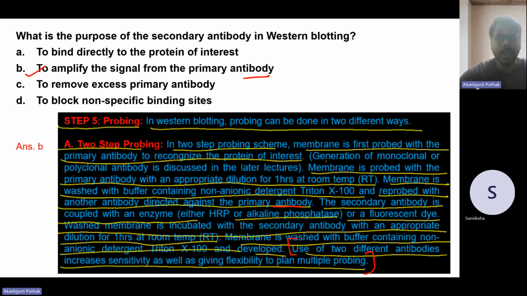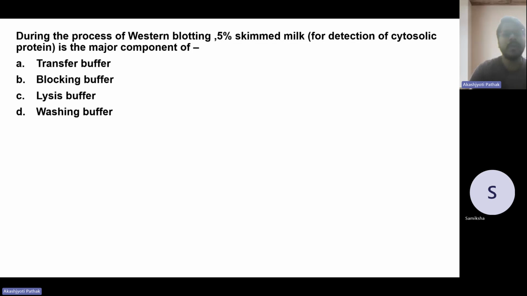You're using a secondary antibody. Okay, so now during the process of Western blotting, 5% skim milk is the major component of what? As we had seen for northern blotting, you need salmon sperm DNA for blocking the membrane, or for removing the problem of non-specific binding. Here, in case of Western blotting, you need 5% skimmed milk.